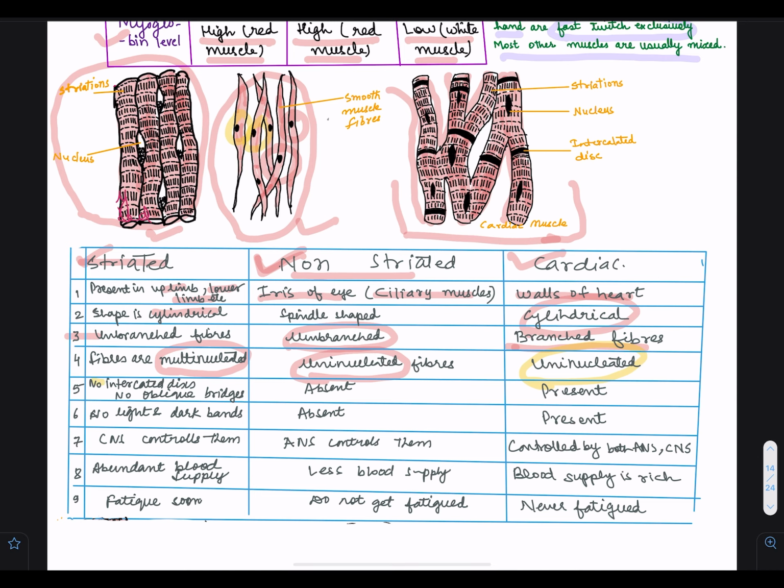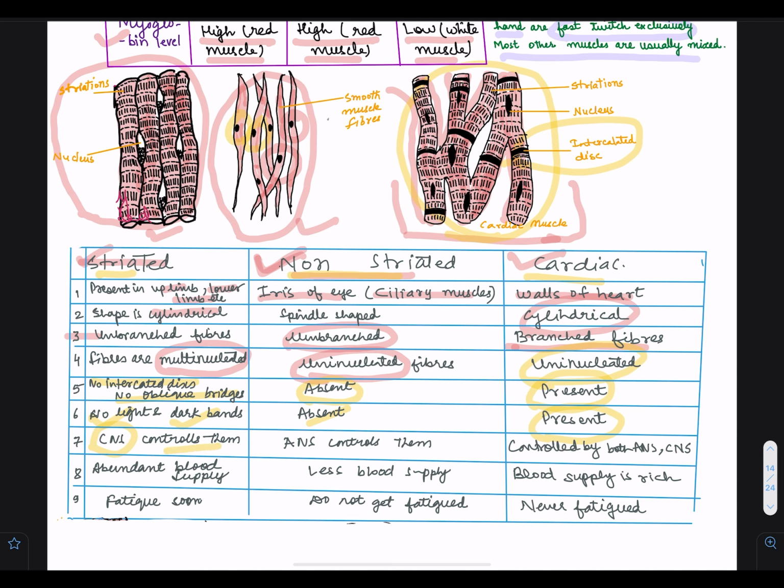Now, no intercalated discs, no oblique bridges in striated fibers. They are absent in non-striated fibers too, but they are present in cardiac muscles, which is a typical feature. See these intercalated discs in cardiac muscles. And no light and dark bands. They are absent in smooth muscles too, but they are present in cardiac muscles, which you can see in this diagram, light and dark bands.